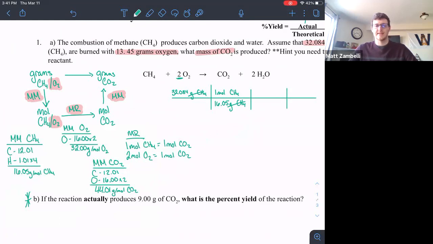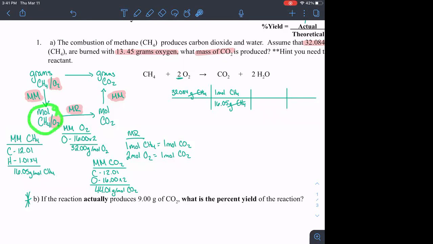What are we going to do next? After we're in moles of CH4. You use the mole ratio to get moles of CO2. Exactly.